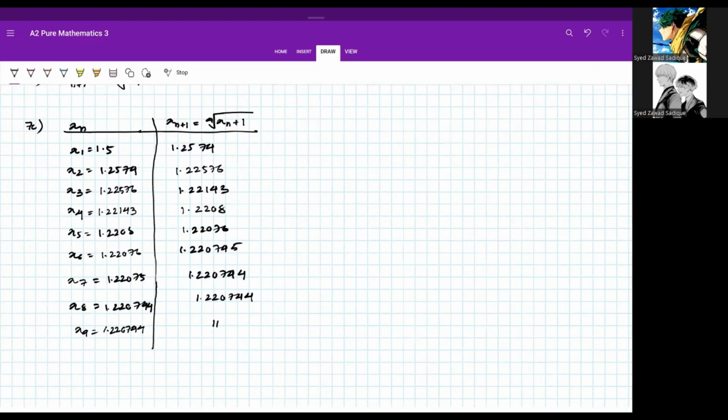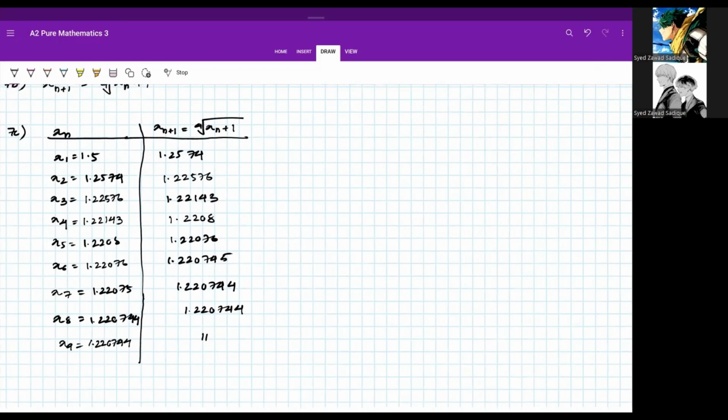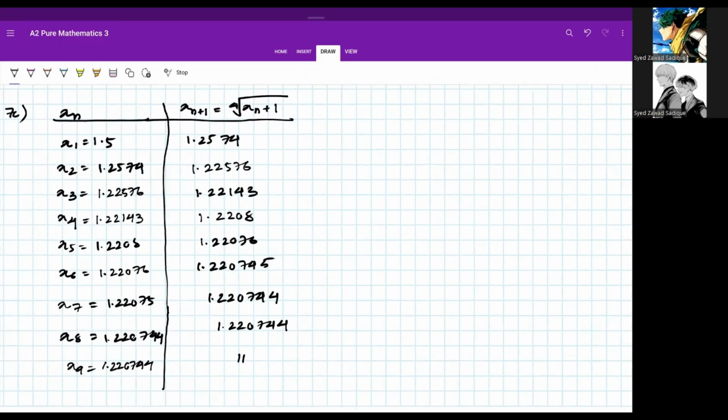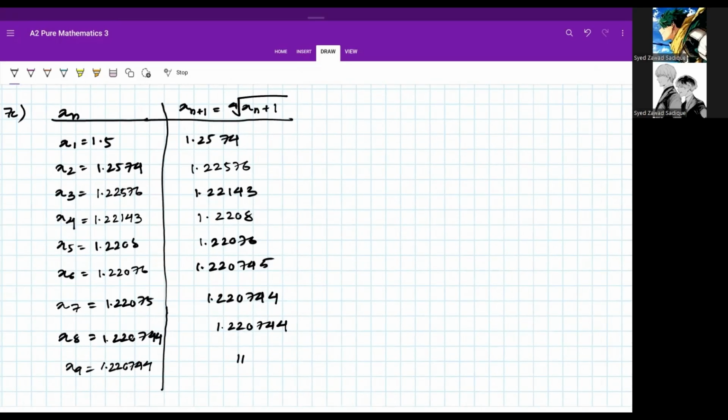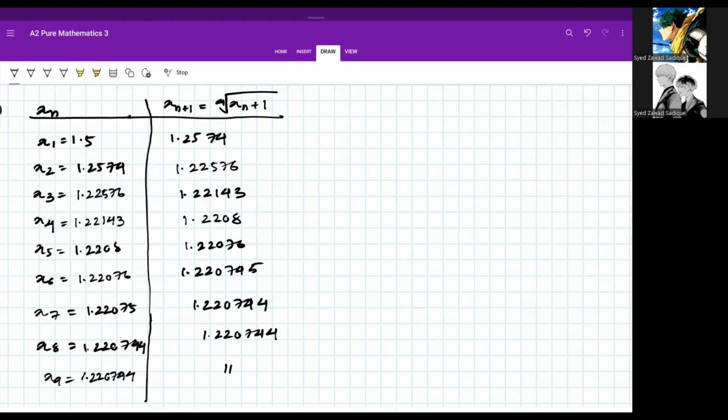Now instead of just making this table and making it very lengthy, I already have this done. I want to copy this down, and now I'll explain how I did this.